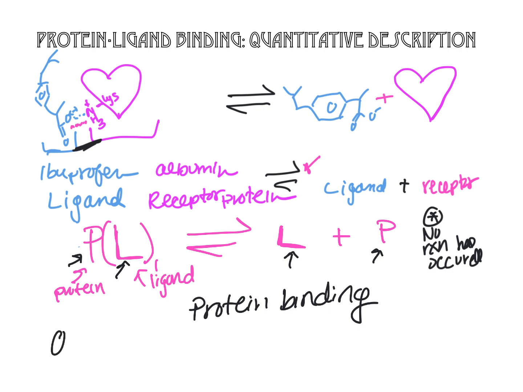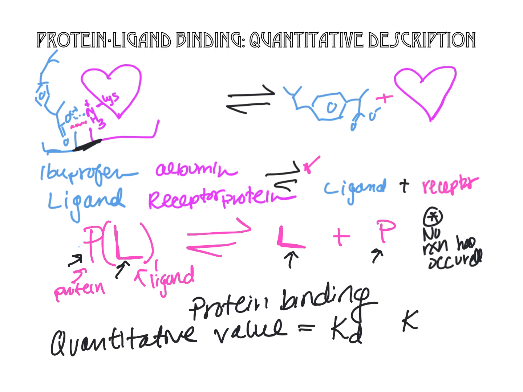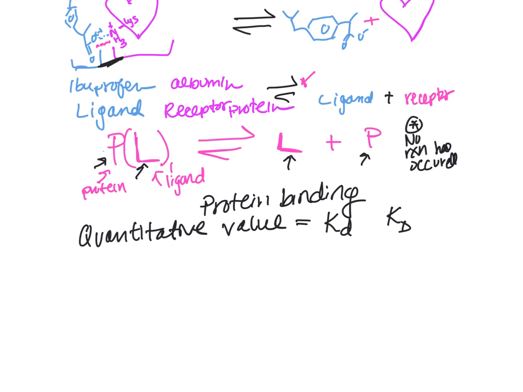And so when we add a quantitative or numerical value to this, we call that value KD. It's either K little d, sometimes you'll also see it K big D, and this is, I guess I can move it here, the dissociation constant.